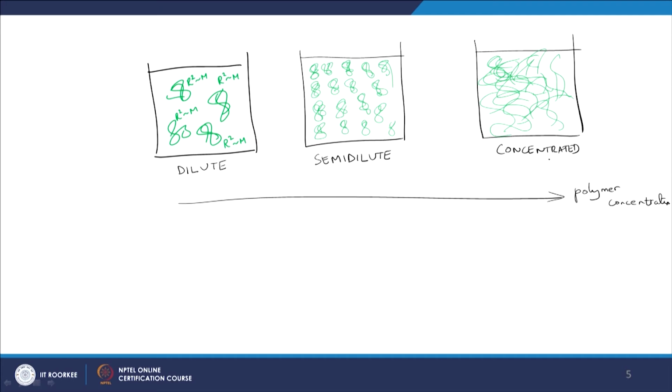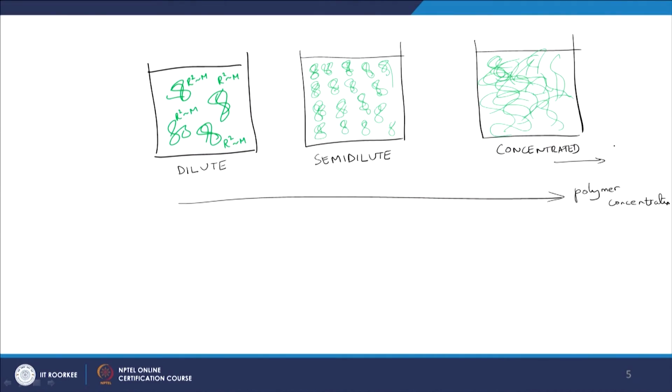Okay. And of course, if I further raise the polymer concentration, we have a limit when the system only contains the polymer, it has no solvent. So, that will correspond to what is known as a polymer melt, that is, no solvent or very little solvent present.